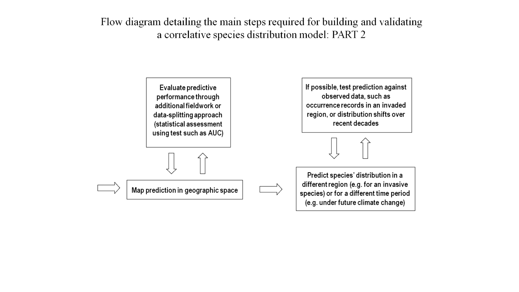So in the case study that I will show you, invasive species from South Africa projected to, say, California, you get some records from California where the species is invading, and ask, is the model predicting the areas where the species is actually invading? So that's a next step evaluation of the predictive performance, not just in the study where you're calibrating the model, but also in an invaded region.